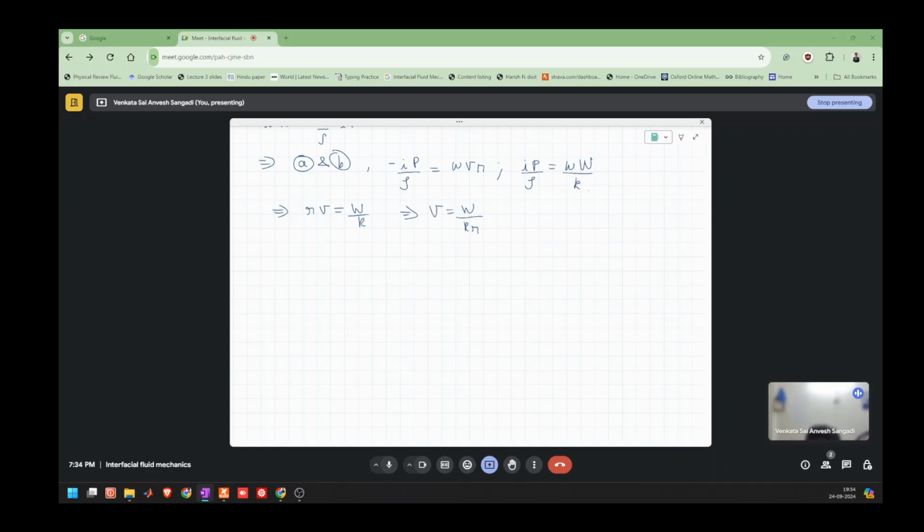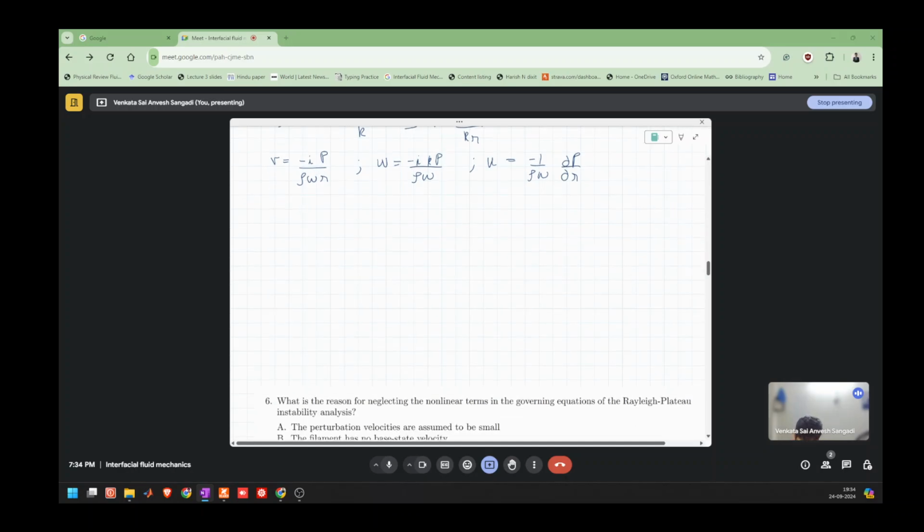So then we have all three equations, where v is equal to minus i p by rho omega r, w is equal to minus i k p by rho omega, and u is equal to minus 1 by rho omega del p by del r.